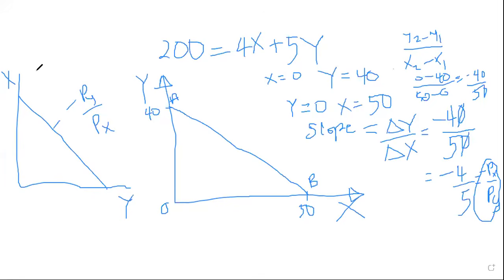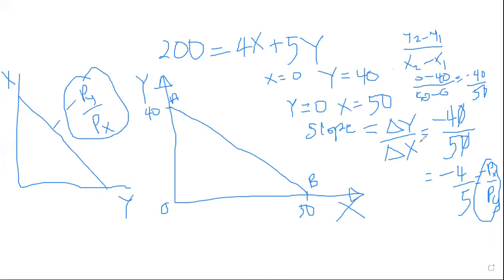So if you have it this way, it means that to gain an extra unit of y, the consumer has to give up this unit of x. All right? The same way here, to gain an extra unit of x, the consumer has to give up this unit of y. So please take note of these differences and don't be too rigid in learning.